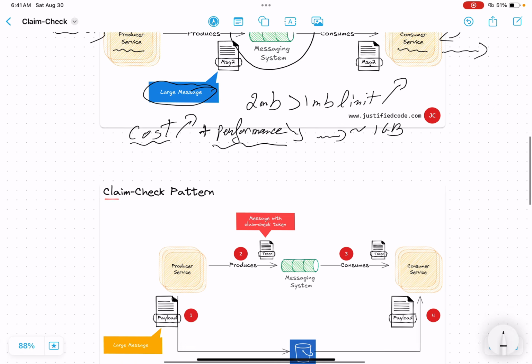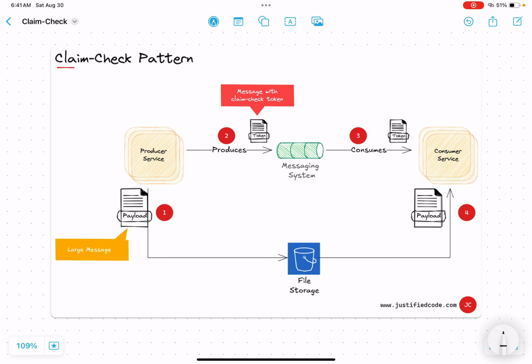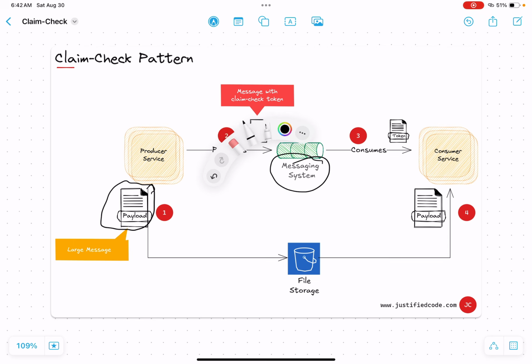Anyhow, let's go to the pattern and the solution we have in hand. It's called claim check pattern. The idea here is simple. Whenever you detect a large message, let's say greater than 1 megabyte default limit imposed on the broker, you don't send it to the message broker, you send it to a file storage service like Amazon S3, Azure Blob, and Google GCS.